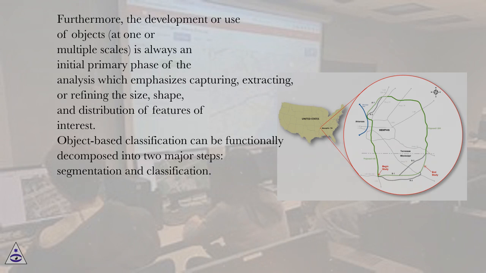Furthermore, the development or use of objects, at one or multiple scales, is always an initial primary phase of the analysis which emphasizes capturing, extracting, or refining the size, shape, and distribution of features of interest. Object-based classification can be functionally decomposed into two major steps, segmentation and classification.